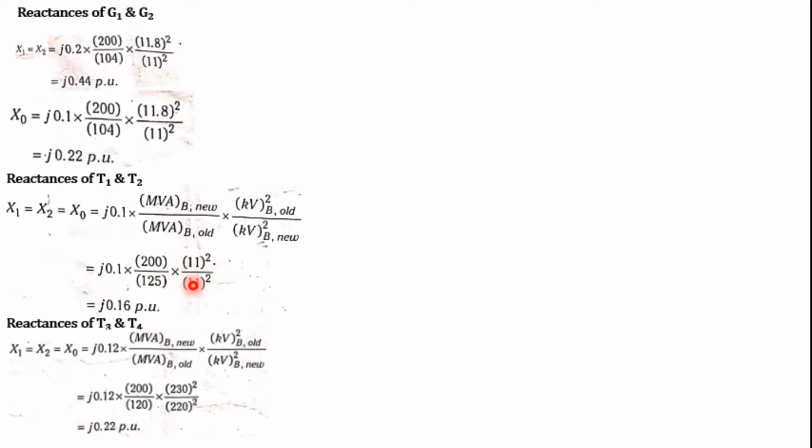Considering the low voltage side, 11 by 11, we get 0.16. For T3 and T4, better to consider the high voltage side, which is what we prefer. Here x1 equals x2 equals x0 equals 0.12, the MVA base is 200, and the old value is 120. The kV base for the old value is 230 squared and the new value is 220 squared, so we get 0.22 per unit.